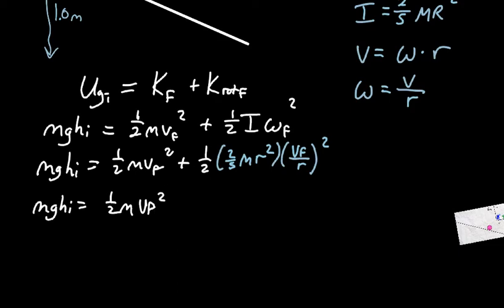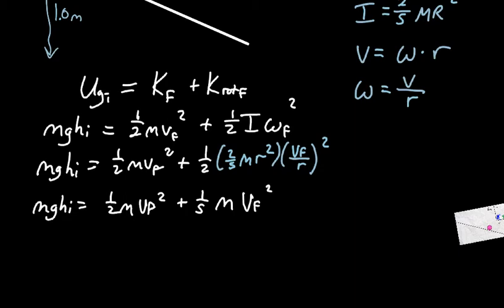Then I've got the 1/2 times the 2/5, so that gives me just 1/5. And then m. And then that v over r squared is going to be v squared over r squared. So then I'll have r squared on top and r squared on bottom, so that'll cancel out altogether, and I'm going to end up with just vf squared.